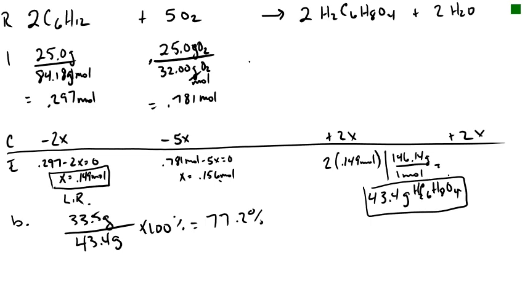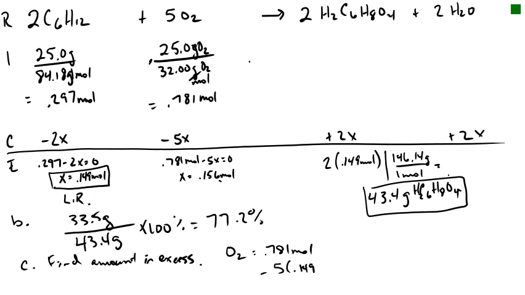Now, as I was saying, what makes it really nice if it is asking you to also solve for an excess reactant, so let's just pop that on here as C, find the amount in excess. Since I know that my x is equal to 0.149, for the oxygen, knowing that I started with 0.781 moles, I could subtract 5 times the 0.149, and that would equal 0.745.